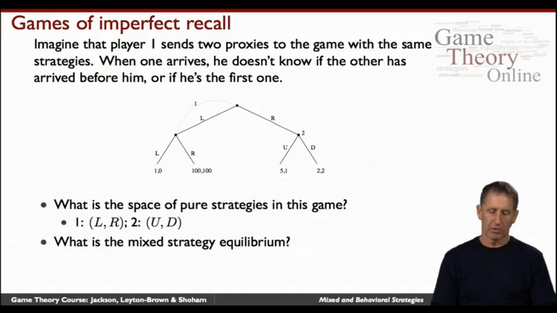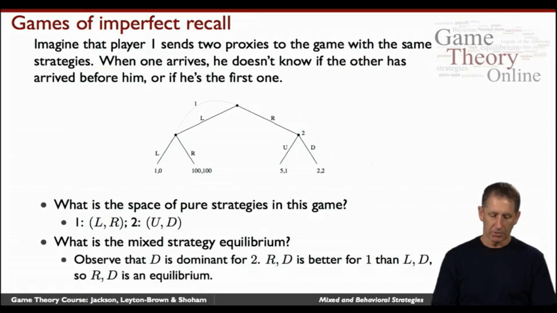So what would be a mixed strategy equilibrium in this game? Well, that turns out to be fairly easy to analyze. We start with the observation that player 2 has a dominant strategy: play down.